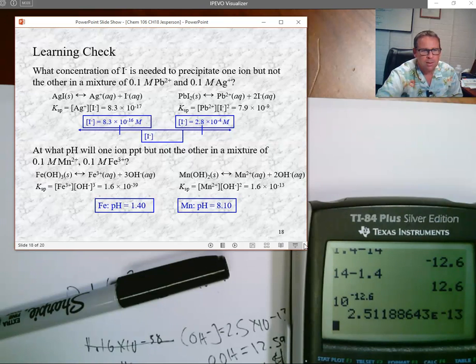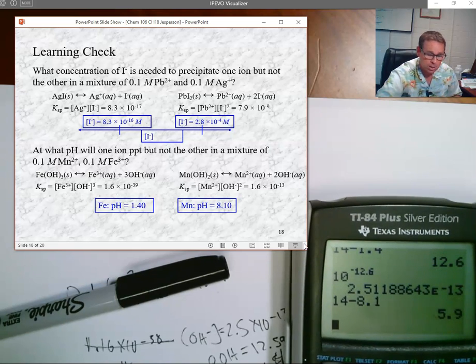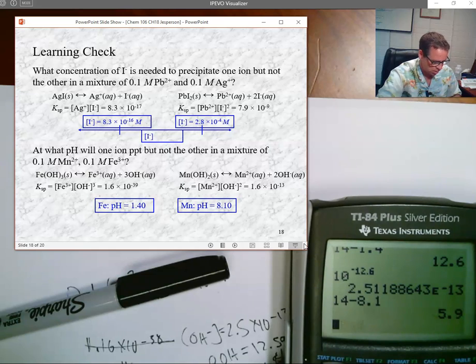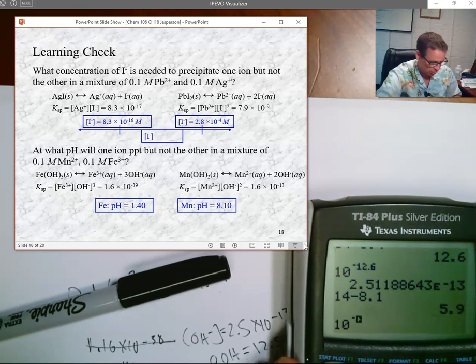Okay? At pH 8, I take 14 minus the 8.1. That gives me my pOH. I go 10 raised to the negative 5.9.